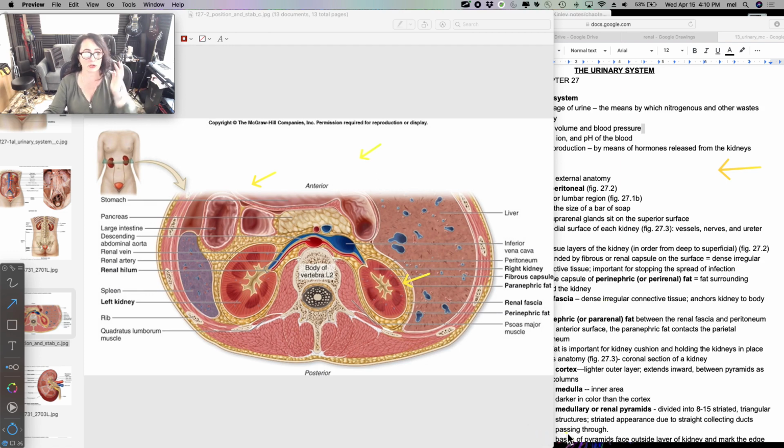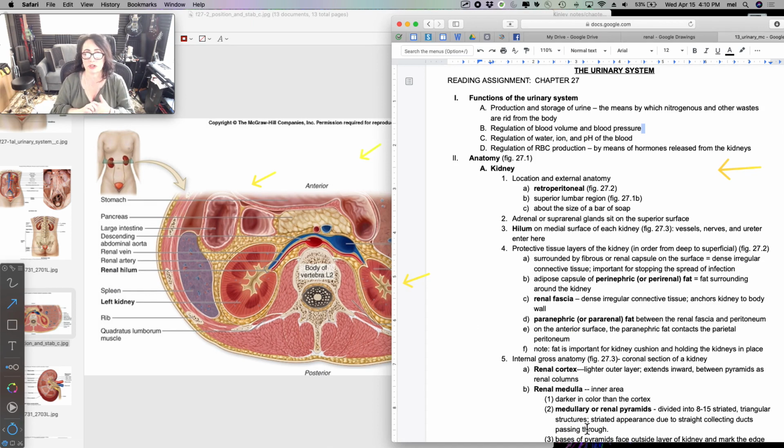If you look at the surface of the kidney itself, the very first layer that you're going to run into is basically the boundary of the kidney, the outer coating of the kidney. It's called the renal capsule or the fibrous capsule. It's on the surface. It's made of dense irregular connective tissue.